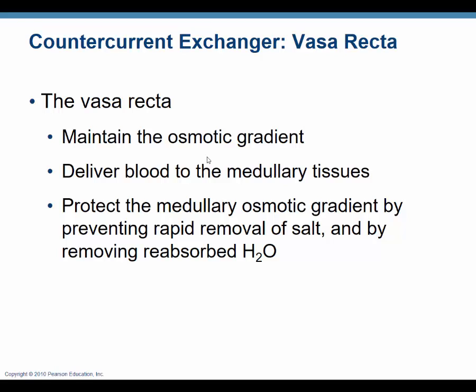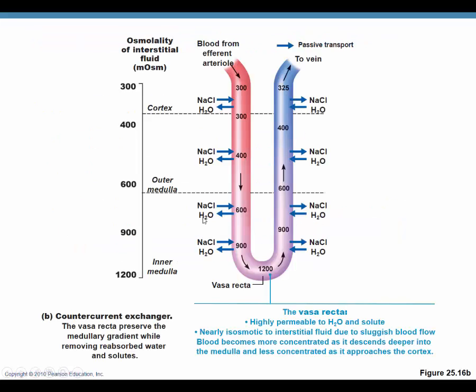So it enters the Vasa Recta, which is right next to the loop of Henle, same shape as the loop of Henle, and it just maintains that gradient. It receives that reabsorbed stuff and takes it back to the blood, because that's where we want that salt and fluid to go eventually anyway. But here's the Vasa Recta. Don't confuse this with the loop of Henle. This is a blood vessel. It's right next to the loop of Henle.